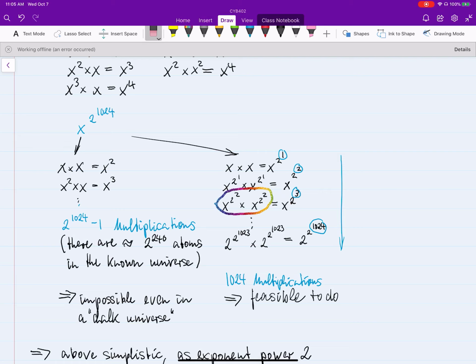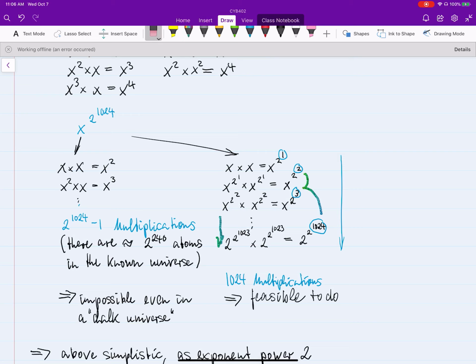So with each step, the exponent is only growing by 1, which means that every time it grows, we have 1 multiplication.